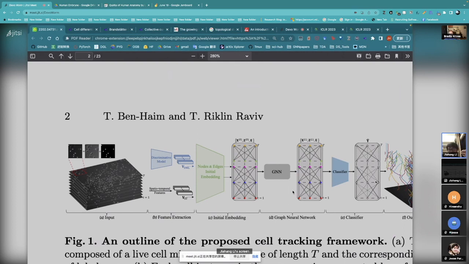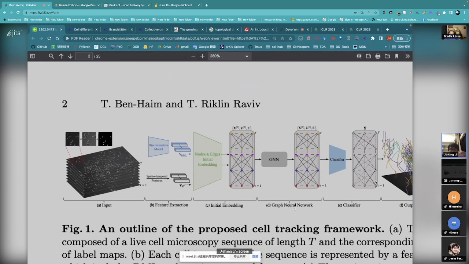You can use something like a KNN graph to connect the cells which are very close to each other. And also you can connect cells between adjacent frames if these cells are very close to each other in the spatial dimension. So that means you have a way to build a directed graph.